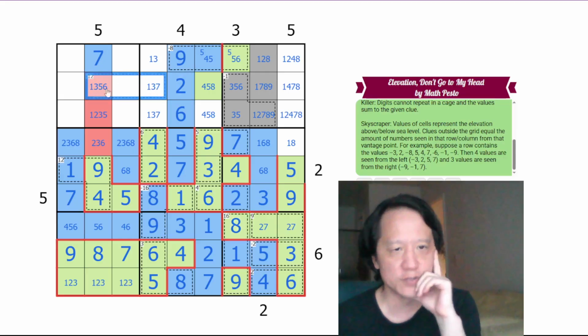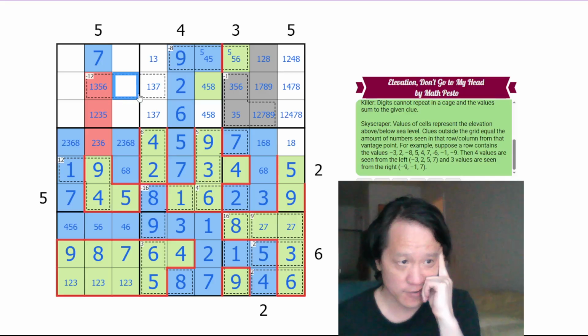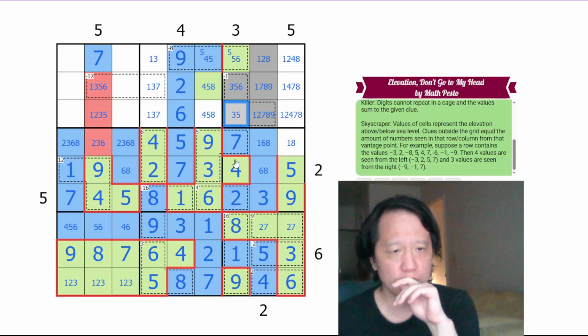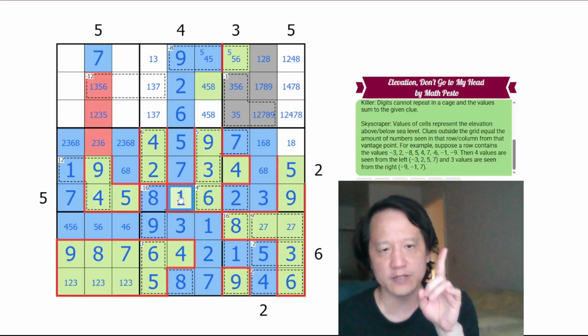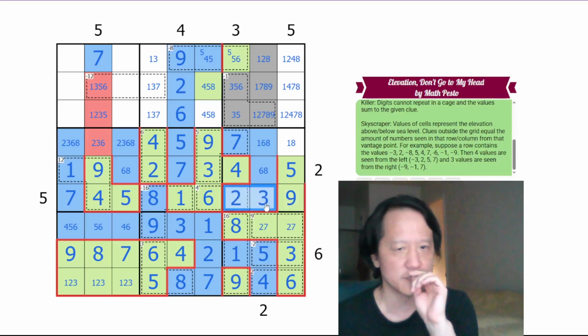At least 2 of these are going to have to be negative. Could be all 3. This sees negative 7, 4, 5, blocks negative 8 and 1, sees 6, and then sees 9.